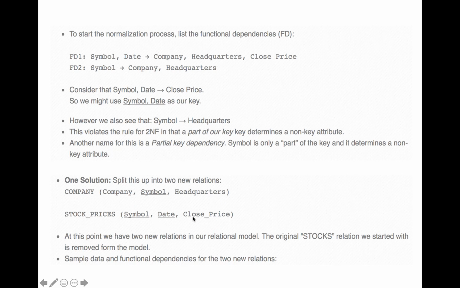So that's what we actually did. We divided them into two tables, and from the symbol of each tuple, I can get the company and headquarters. So I have all the information there, however, it's split into two tables. The original stocks table is now removed, and instead we have two relations, company and stock price.